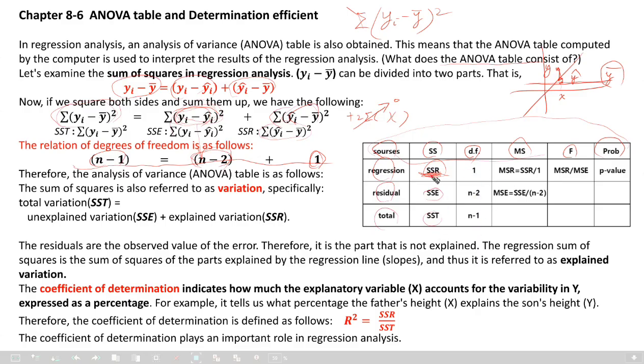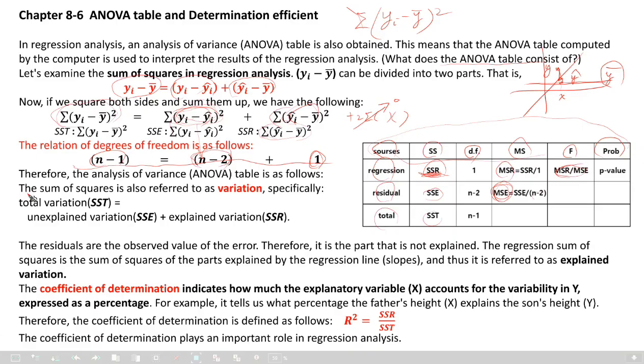Mean squares: SSR divided by its degrees of freedom. MSE is SSE divided by its degrees of freedom, and MSR is in this case the same as SSR. I said this part is important. And the F value is MSR divided by MSE. The value will be calculated here, and the P value.